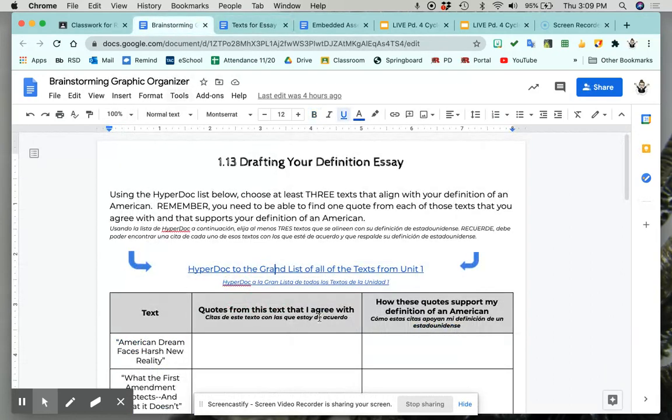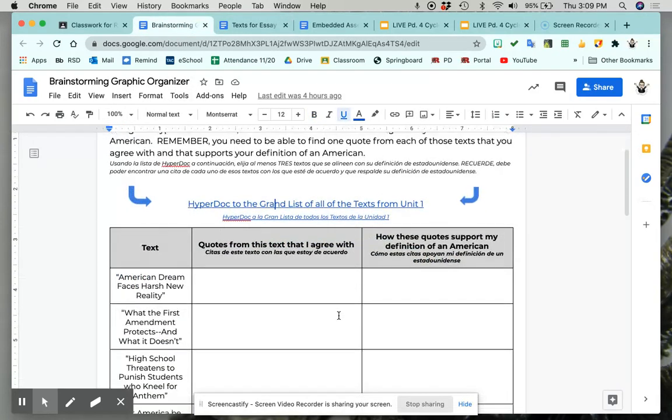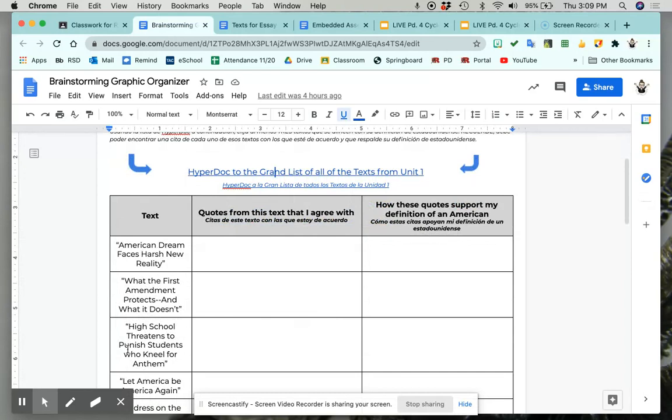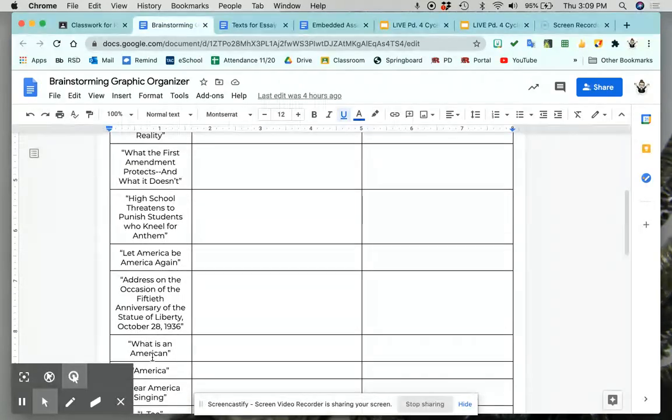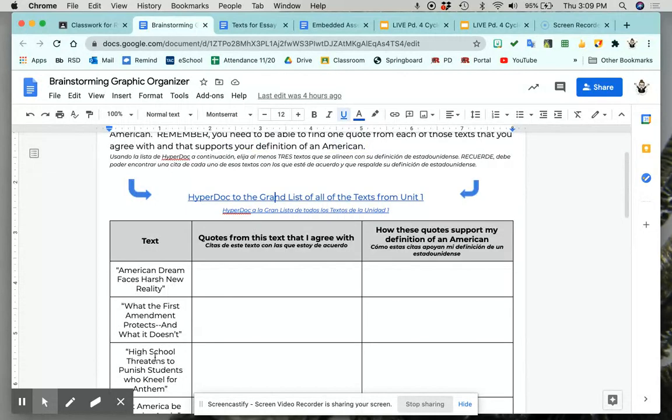Okay, so your job is to figure out which 3 texts you think you want to use, or more, to find a quote or more from those texts that you agree with, that are things that you can support. And then to write how that quote supports your definition of an American.